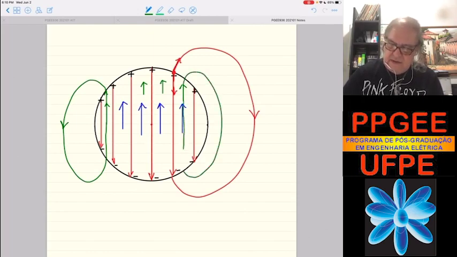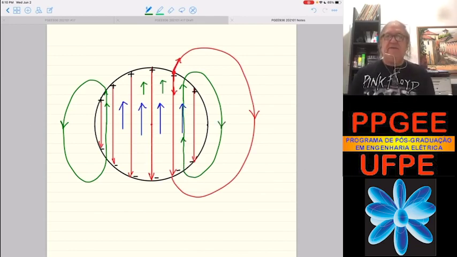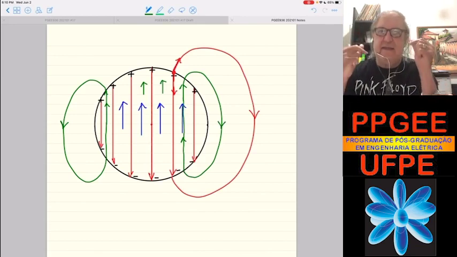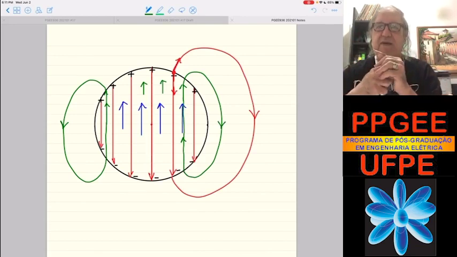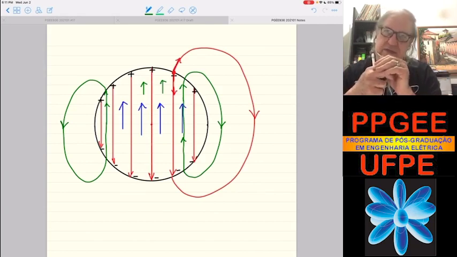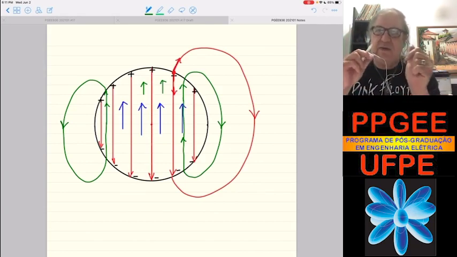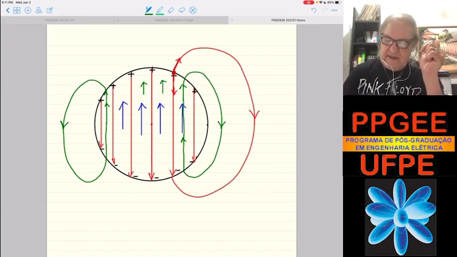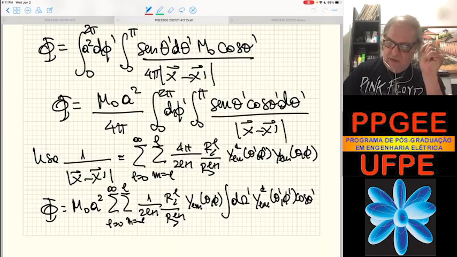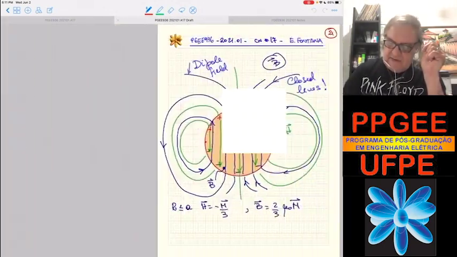Here remains constant. But you see, it's a closed line. The B field is the real field, magnetic in origin, which has closed lines. On the other hand, the H field is a fictitious field, but it has an interpretation according to these fictitious magnetic charges, because we have a divergence there. Okay, so that's what we obtain using this alternative solution.